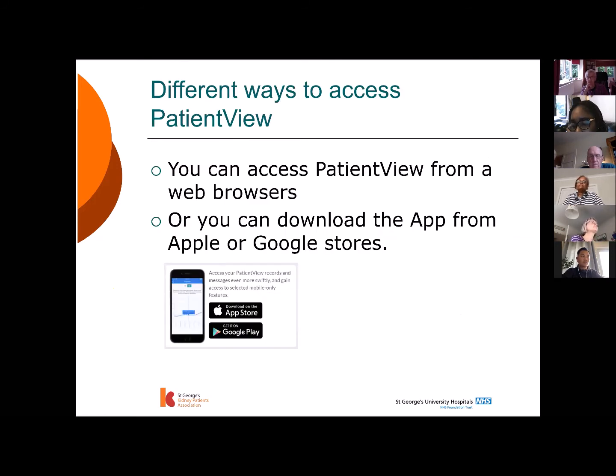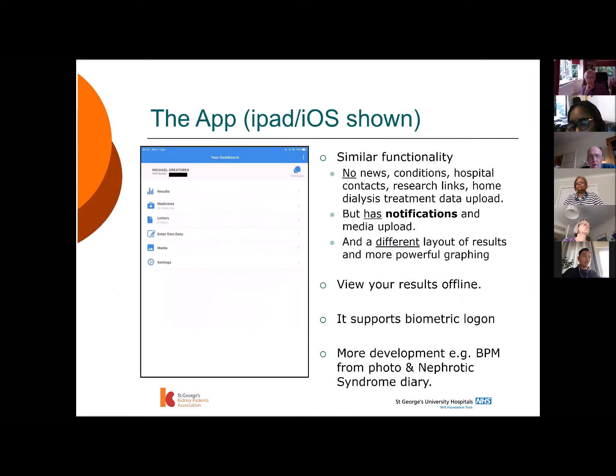As I said, you can access PatientView from web browsers, and everything I've shown you today is that, or you can download the app. If you choose to download the app onto your phone or onto your tablet, it's going to look something a little bit like this. So this is my iPad image.